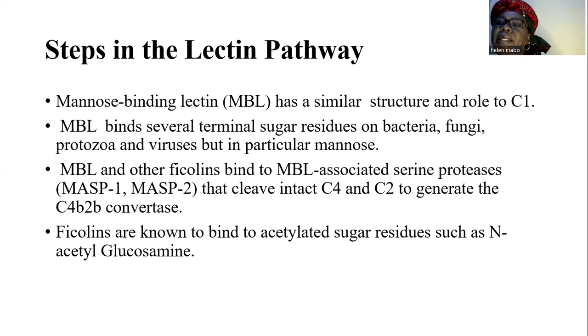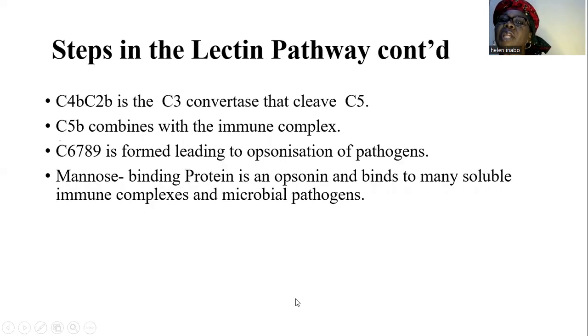This complex is able to cleave C3 into C3a and C3b fragments, and the C3b will combine with the immune complex on the surface of these microorganisms and initiate the cleaving of C5 into C5a and C5b.